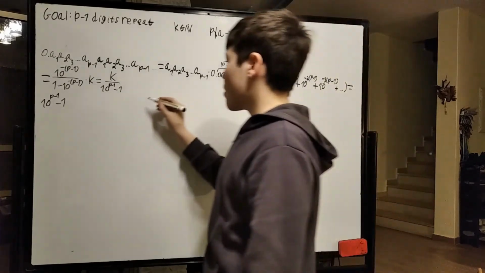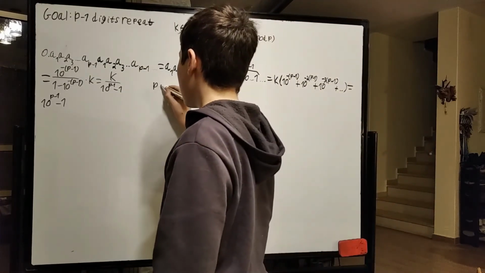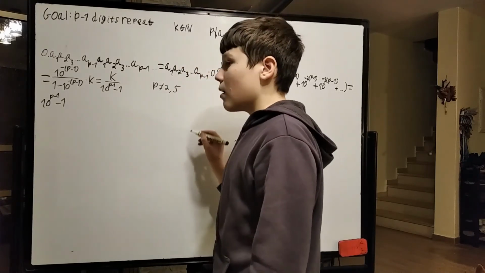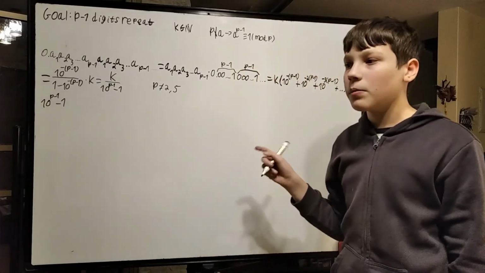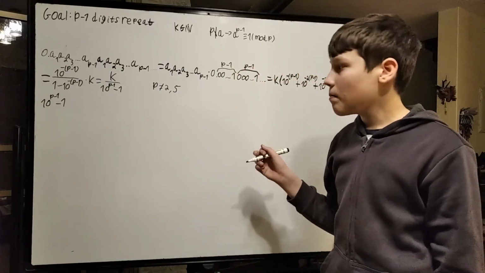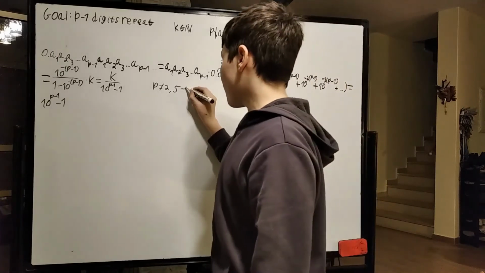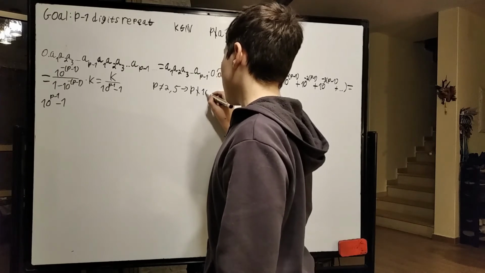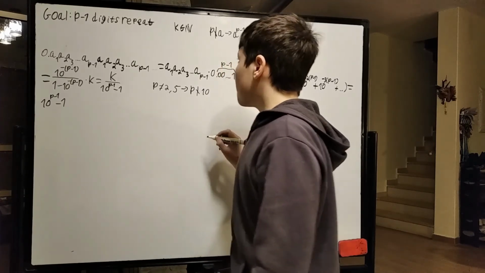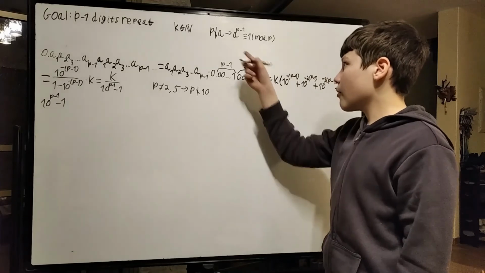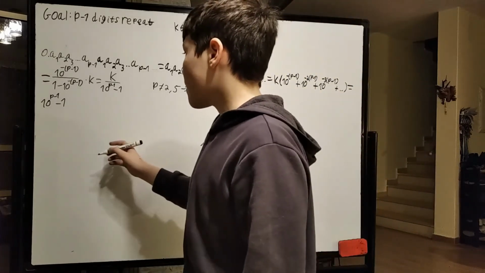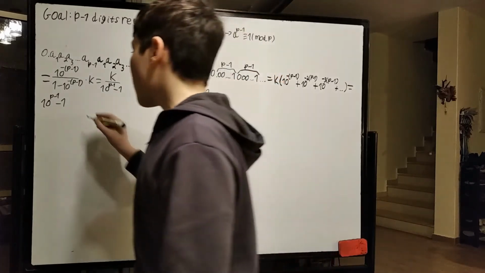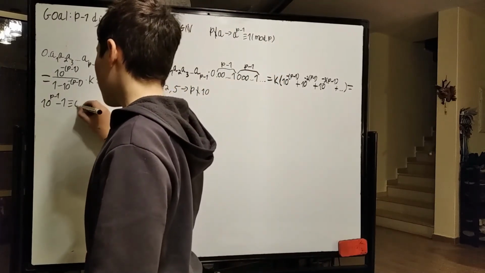But now, let's see. We know that p is not equal to 2 or to 5. And because those are the only prime numbers that divide into 10, we can safely say that p does not divide into 10. But then, by Fermat's little theorem here, we can say that 10 to the p minus 1 minus 1 is congruent to 0 mod p, is divisible by p.